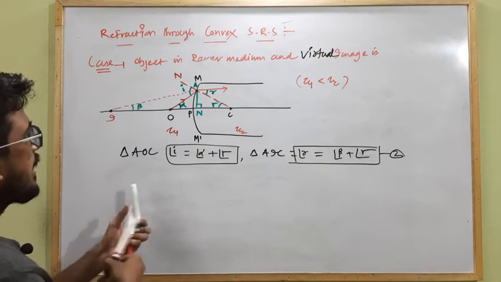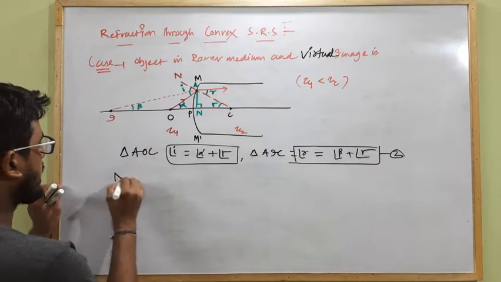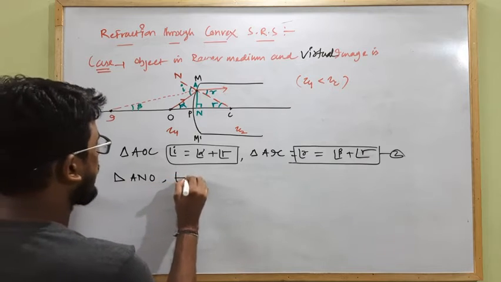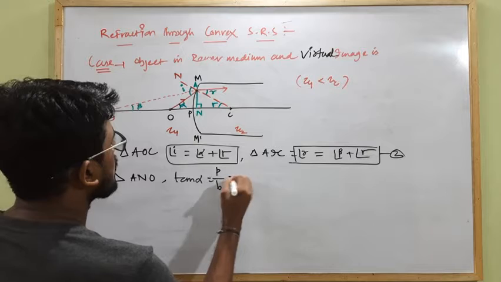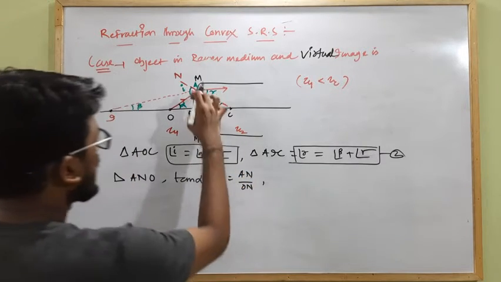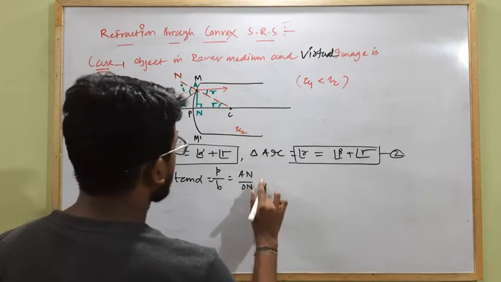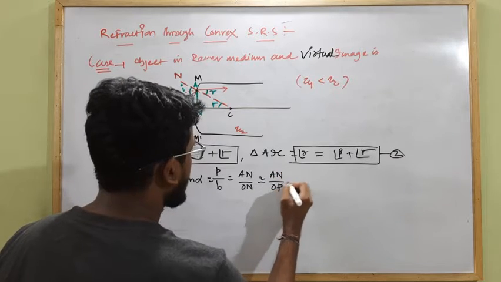in the right angle triangle ANO, again we can write tan alpha equal to P by B, which is equal to AN by ON, and as the aperture is very small, ON can be replaced by OP, so it is nearly equal to AN by OP.